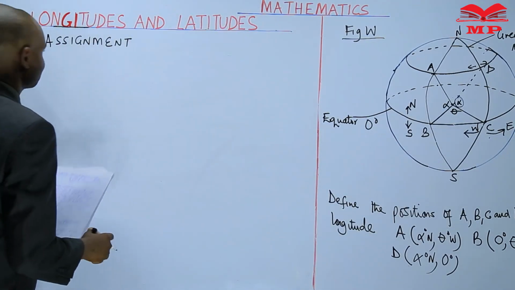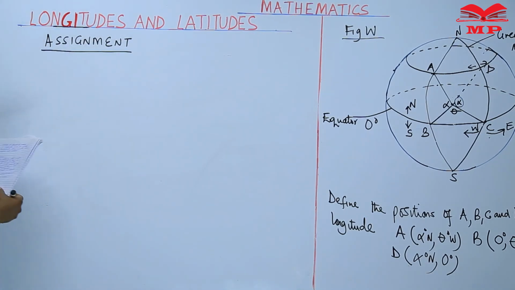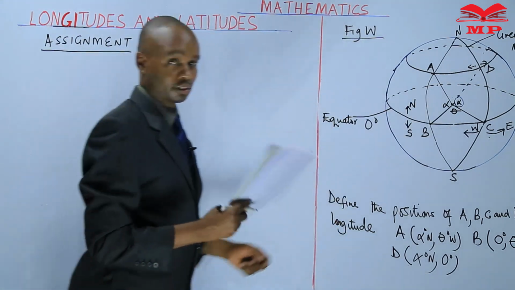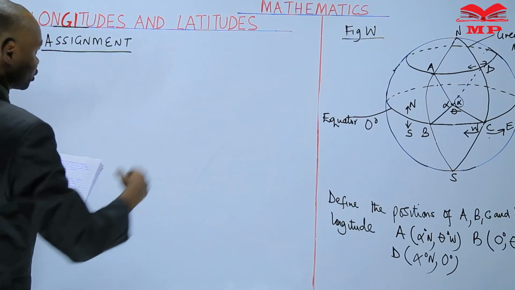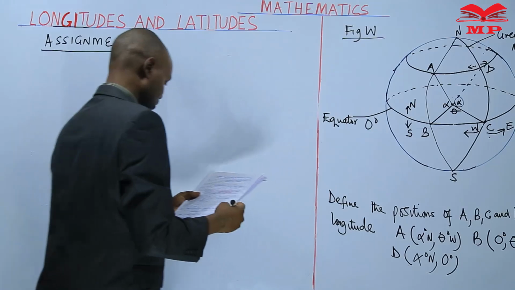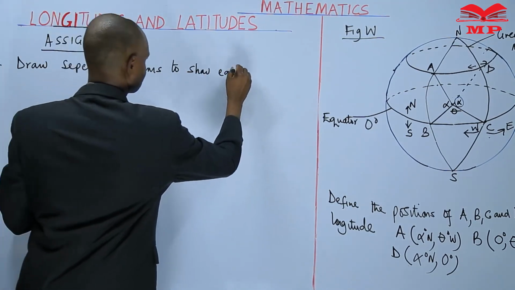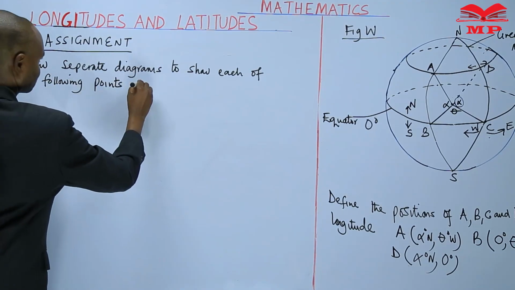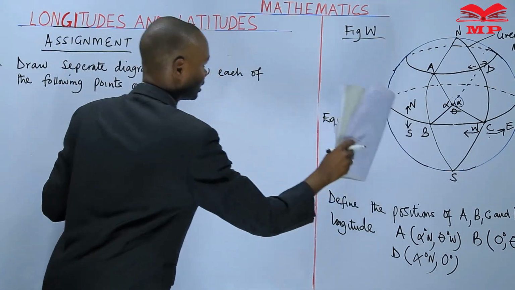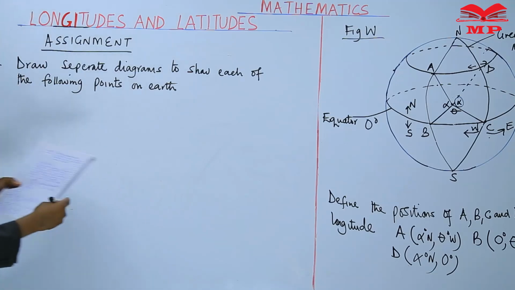The question will involve you to give the actual degrees, but in form of just a sketch to show. This is not a geometric construction, so long as you can show the degrees and its relation to the South Pole and the North Pole. When I say separate diagrams, for one you'll draw a globe, another one a globe, so that they are not congested.